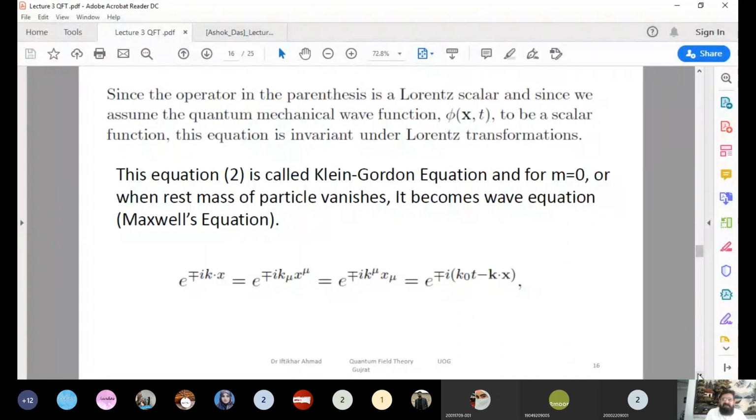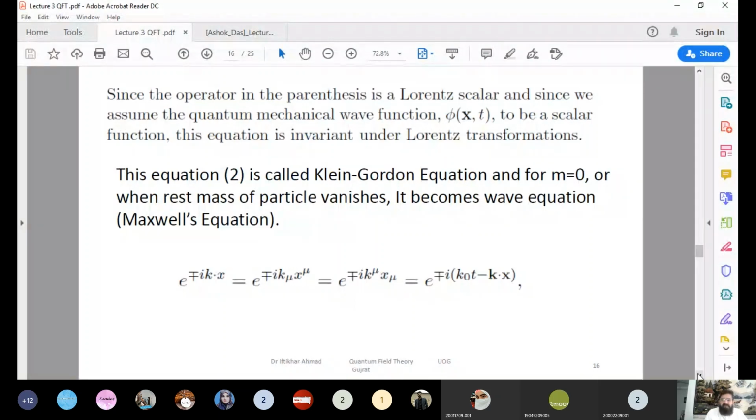It means that if you apply a Lorentz transformation from one system to another, the equation remains the same. That is how it works in quantum field theory under Lorentz transformation.